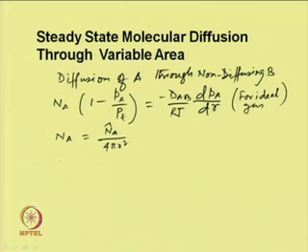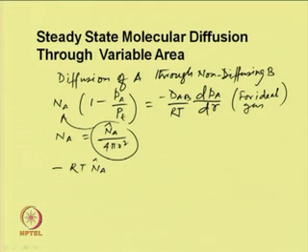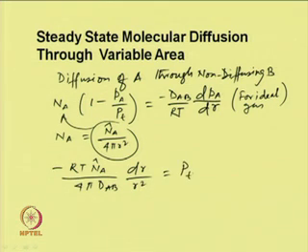We can substitute this N A over here. So, we will essentially have minus R T N A cap by 4 pi D A B d r by r square is equal to P T d P A by P T minus P A.